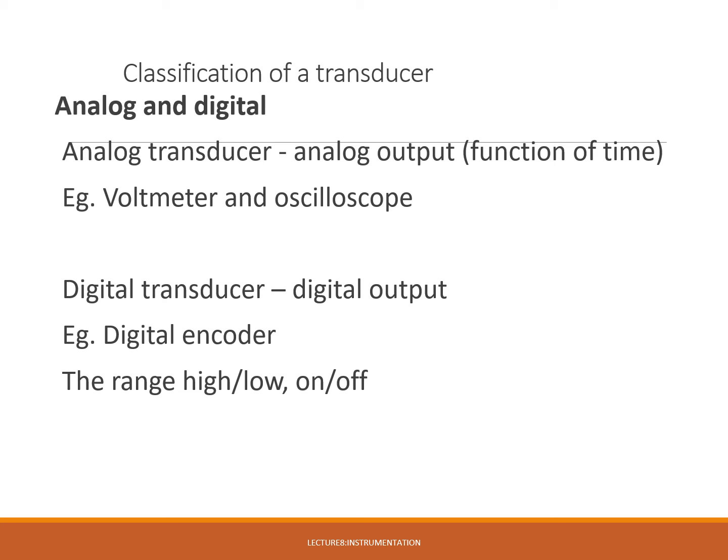We also have a digital transducer, where the output is digital, meaning it is only able to give output in terms of 0 or 5 volt, high or low, on or off, 0 or 1. That kind of output is digital output. An example is the digital encoder.